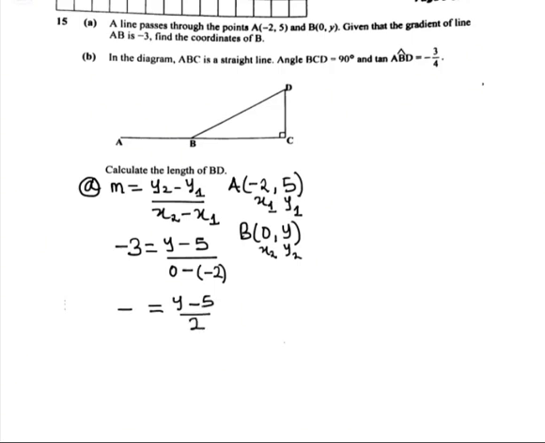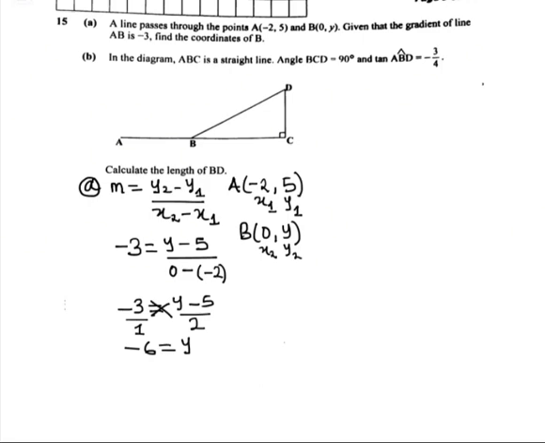Then on the left side, we introduce a fraction, which gives us -3 over 1, and cross multiply. -3 times 2 gives us -6, which is equal to 1 times y, that gives us y.